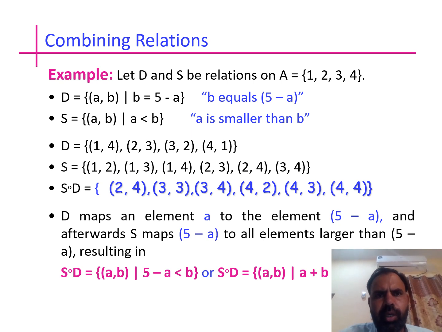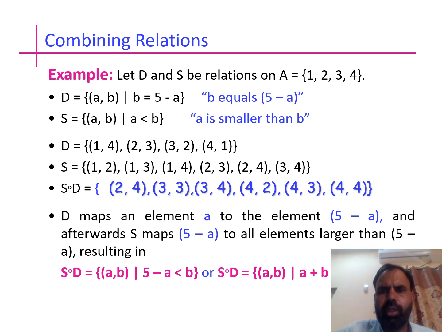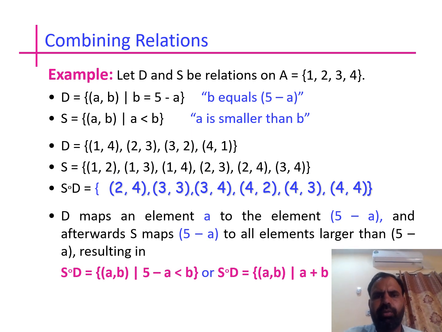So D maps an element a to the element 5 minus a, and afterwards S maps 5 minus a to all elements larger than 5 minus a, resulting in S∘D being the pairs (a, b) where 5 minus a is less than b, or you can say that a plus b is greater than 5.